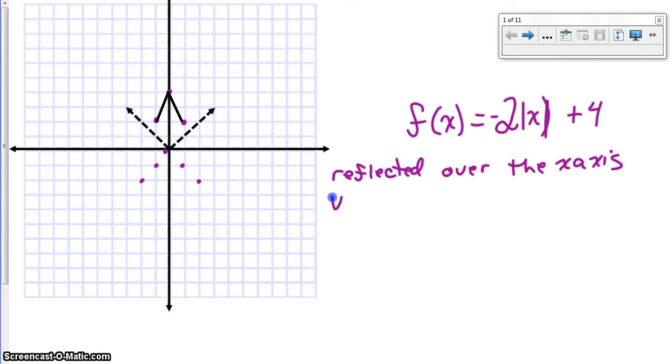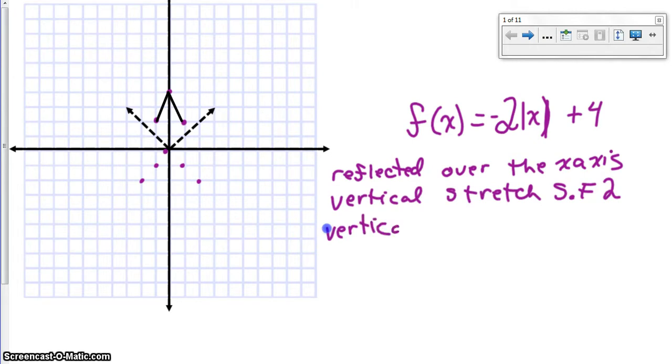I have a vertical stretch with a scale factor of 2. I have a vertical shift up 4.